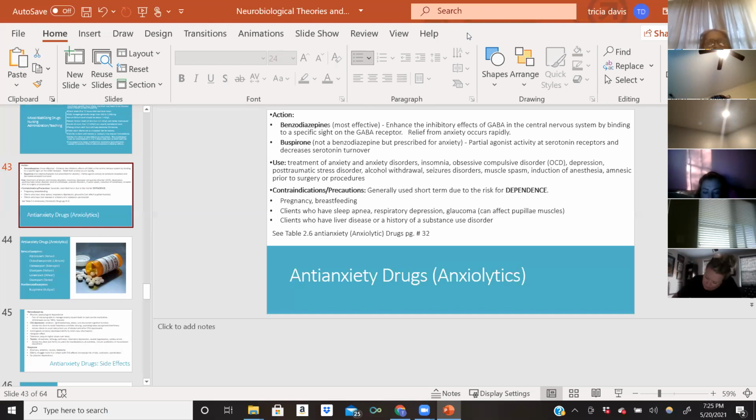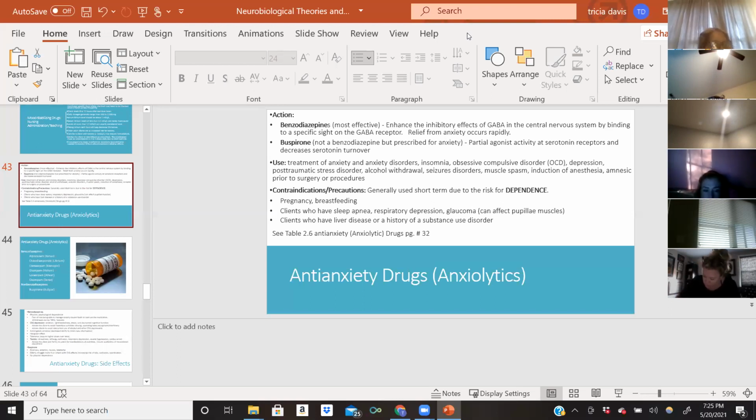Contraindications and precautions. If they're being managed correctly, they should only be prescribed short term because of the risk of dependence. The likelihood of people getting addicted to these is very, very high.